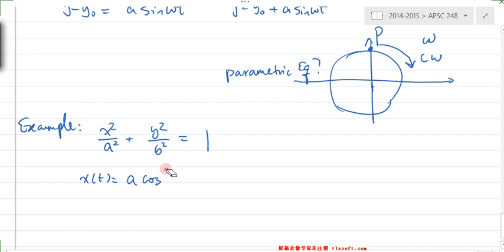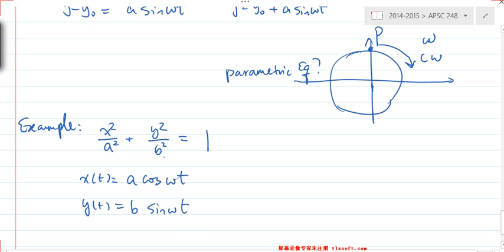Alright, if you want omega, you can let omega times t. And the y, what would you let the y equal to? Exactly, b sine omega t. Okay? Now that's a suitable candidate for this ellipse here.